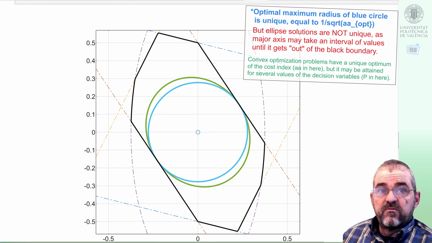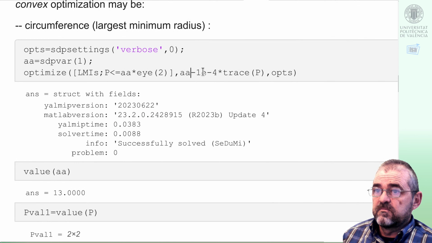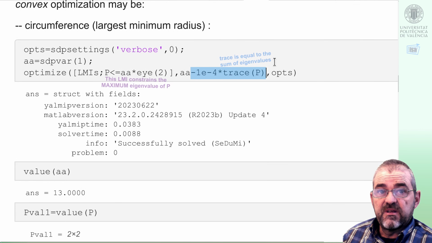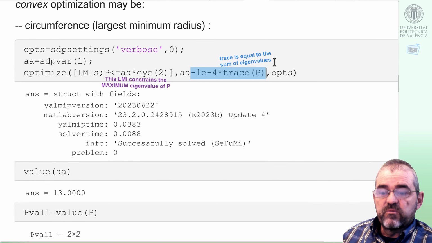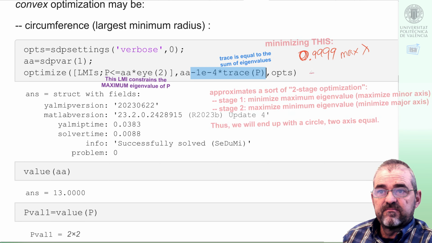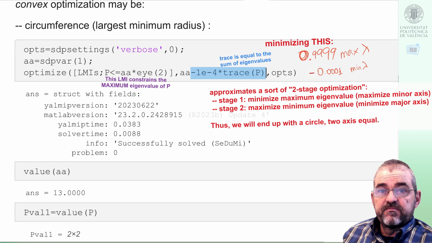If we wish for the LMI solver to actually give me the P associated with the circle, well, it's the identity. But if we wish a unique solution, we can add this trick, because AA ends up being the maximum eigenvalue of P, and with this trick we try to minimize 0.9999 times the maximum eigenvalue plus 0.0001 times the minimum eigenvalue.